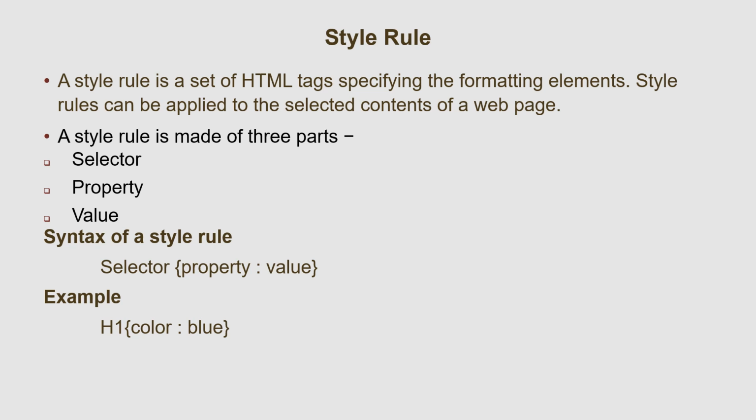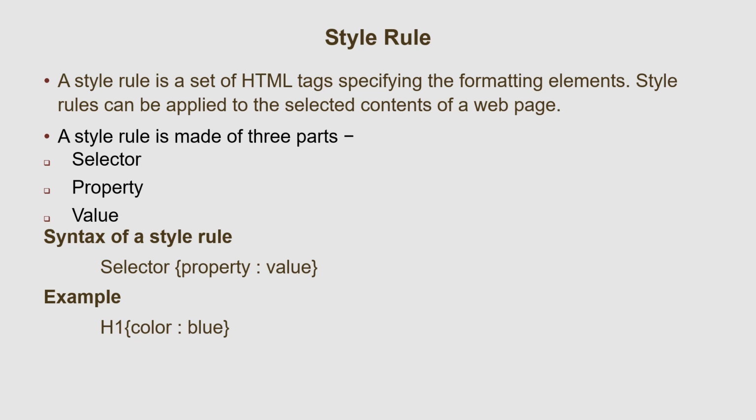Style rule. A style rule is a set of HTML tags specifying the formatting elements. Style rules can be applied to the area where we need the specific format. A style rule is made up of three parts: selector, property and value. Selector means the tag which we want to format, and for each property we have the corresponding values, which we can include in the formatting tags.